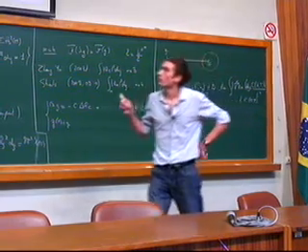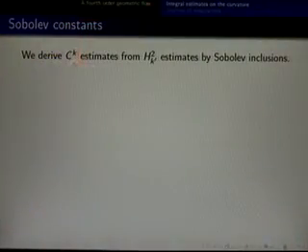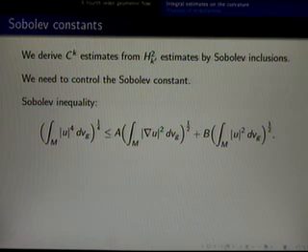So you know that you have this inequality. You can control the L^p norm from the H^2_k norms. Once you have one inequality like this, you can prove all the Sobolev inequalities, and then you can deduce pointwise estimates on the curvature from integral estimates.